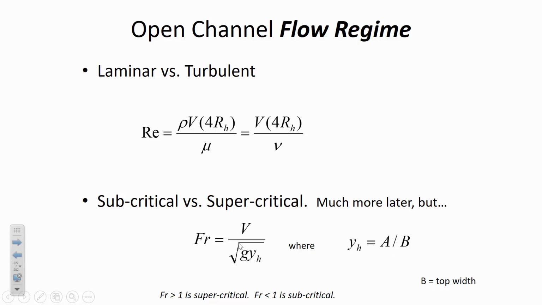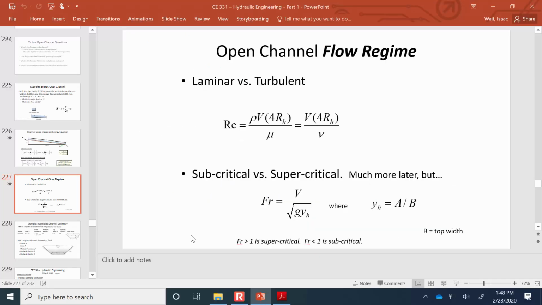So there are several different equations for Froude number. This is one of them. I'll show you more later, but I think that this is all that you'll need in order to classify the flow regime for that one problem.